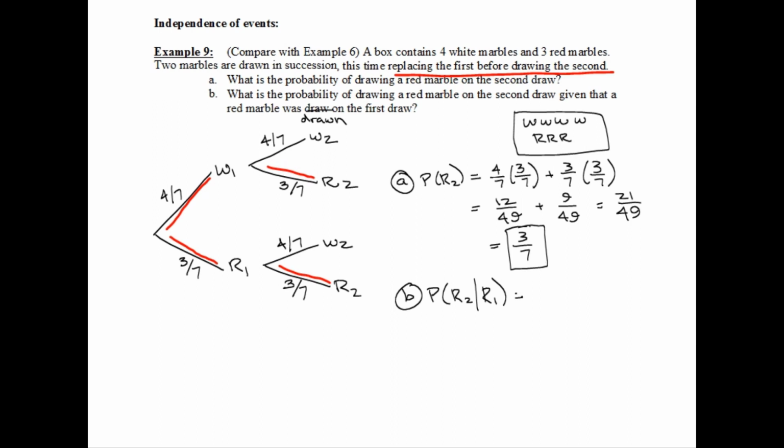It's going to be 3 sevenths from here, because we know that R1 happened for sure, so we're already here. We're ignoring the rest of the tree, and we're just looking at this. So we get 3 sevenths. And so, because those two are the same, that tells us that these events are independent.